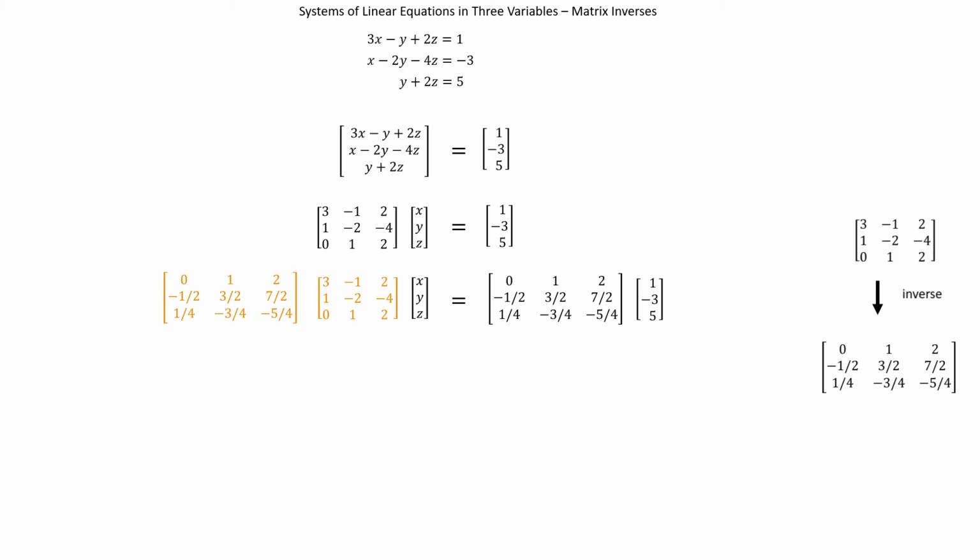Because when you multiply the first two matrices here together, it turns out you get what's called the identity matrix, the one with ones on the main diagonal and zeros everywhere else. Now you could actually multiply these matrices out to get this. It's a nice way to confirm that you calculated the inverse properly.